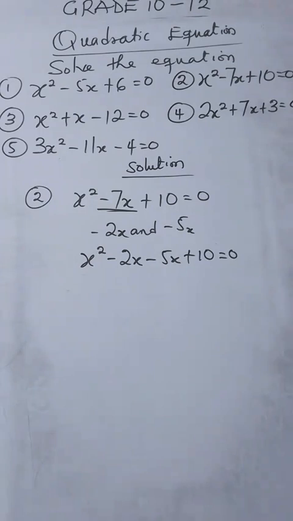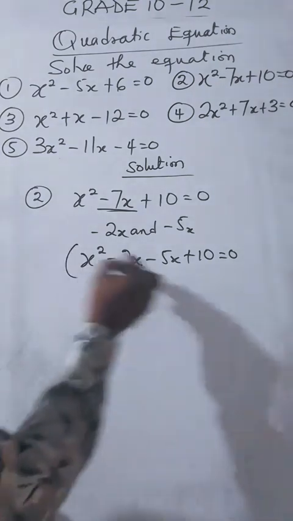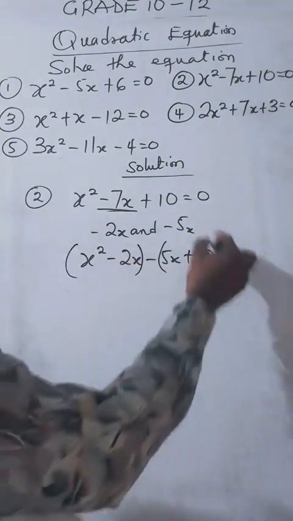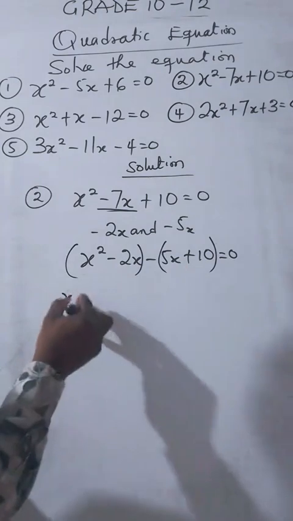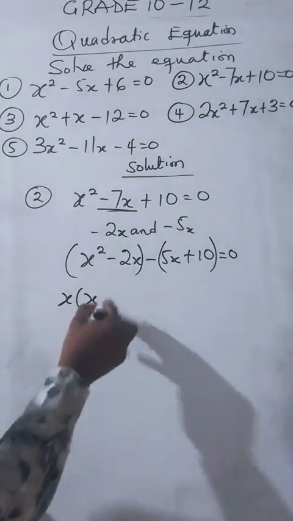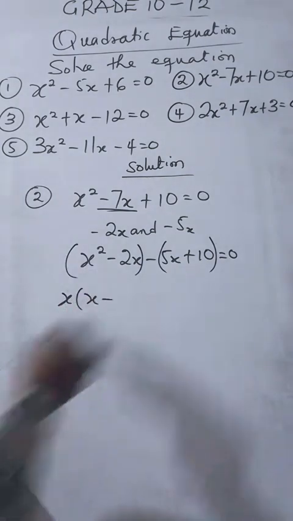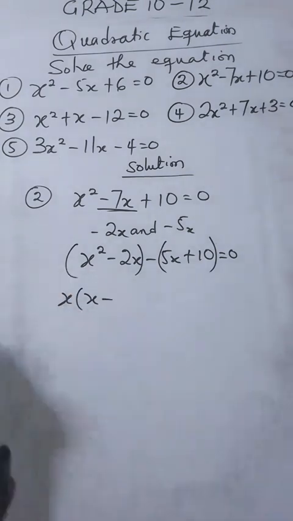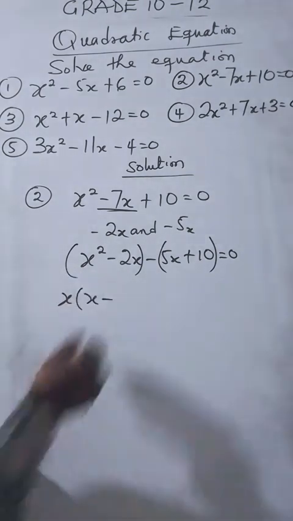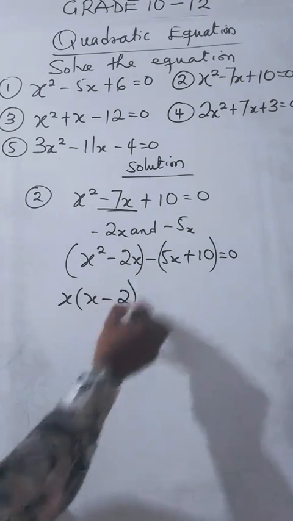Right, so with this one, we have to group it two by two like this. We have x as common, so you take x from this side, you have 1x left, so this one will be left with minus 2.